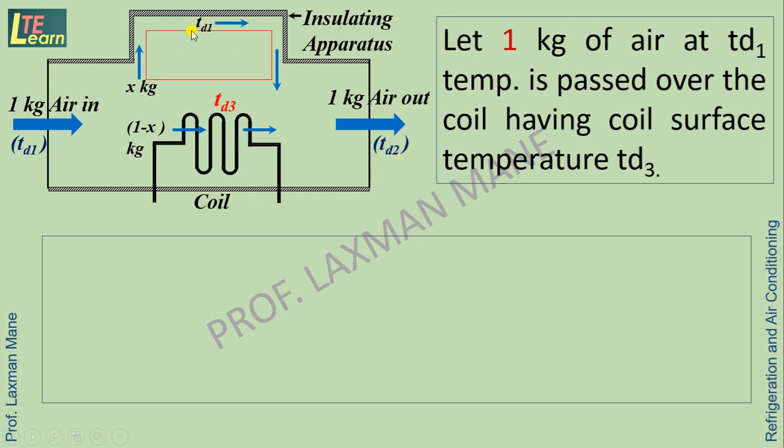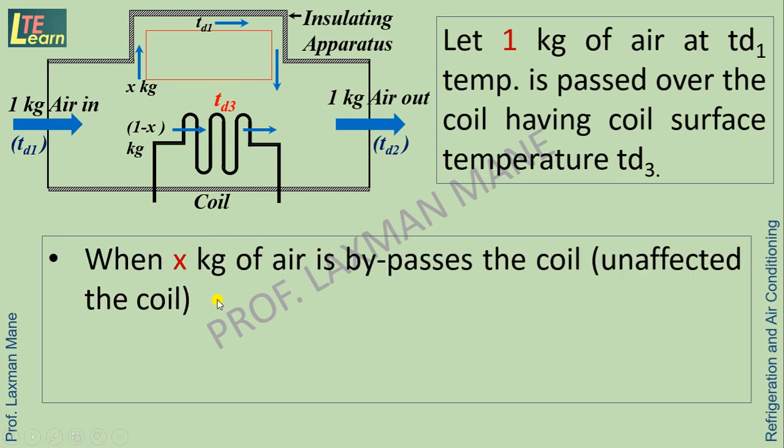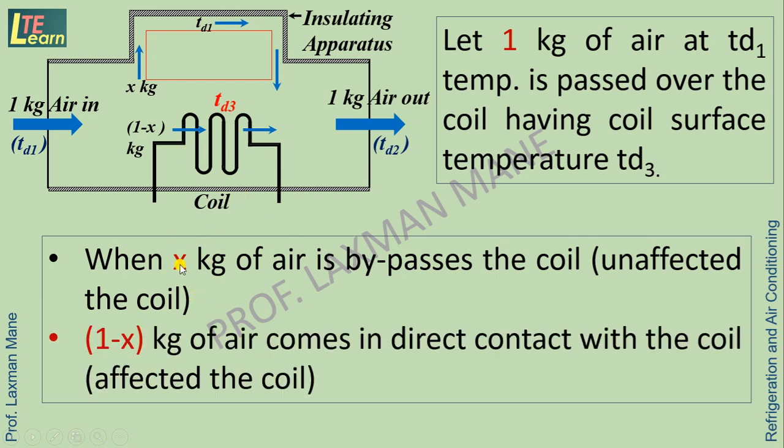So this air is divided into two parts. X kg of air is bypassing the coil, meaning it does not come in contact with the coil. That is the unaffected air. And 1 minus x kilogram of air comes in direct contact with the coil, which is at temperature TD3. This is the affected air.